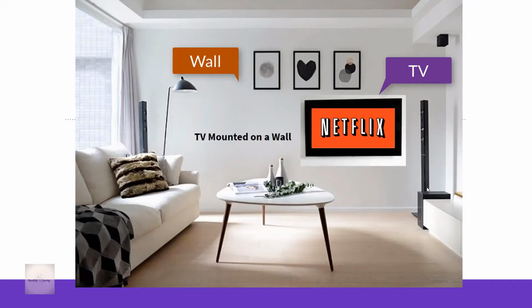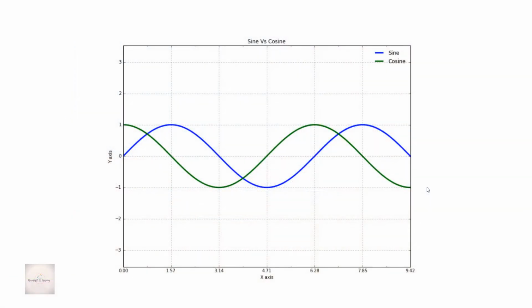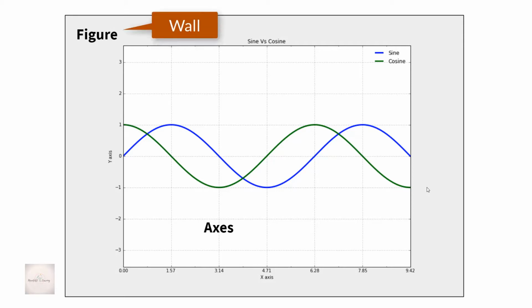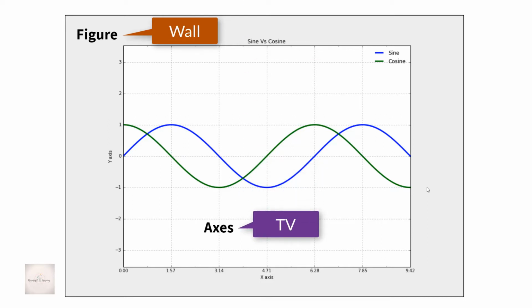And in the same way, if we observe this matplotlib plot, we have got two important components. Yes, two important components. One is figure and the other is axis. Wherein this figure can be compared to the blank wall and this axis can be compared with the TV.